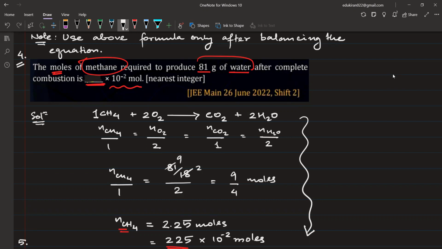Now, since we have to deal only with methane and water, because methane is asked and water is given, I don't need number of moles of O2 and CO2 in my calculation. That is why I have written number of moles of CH4 will be equal to this given mass, this molar mass, which gives you the number of moles of H2O, divided by 2.